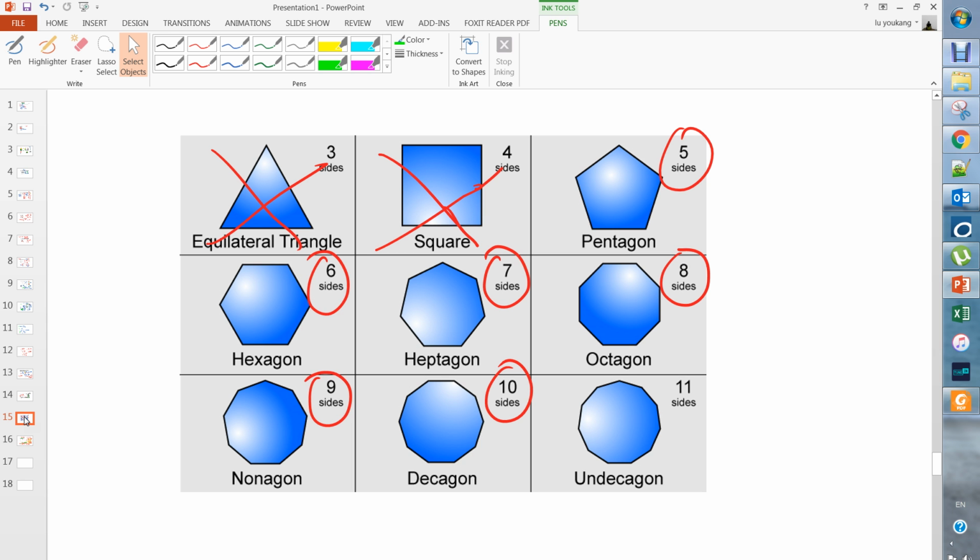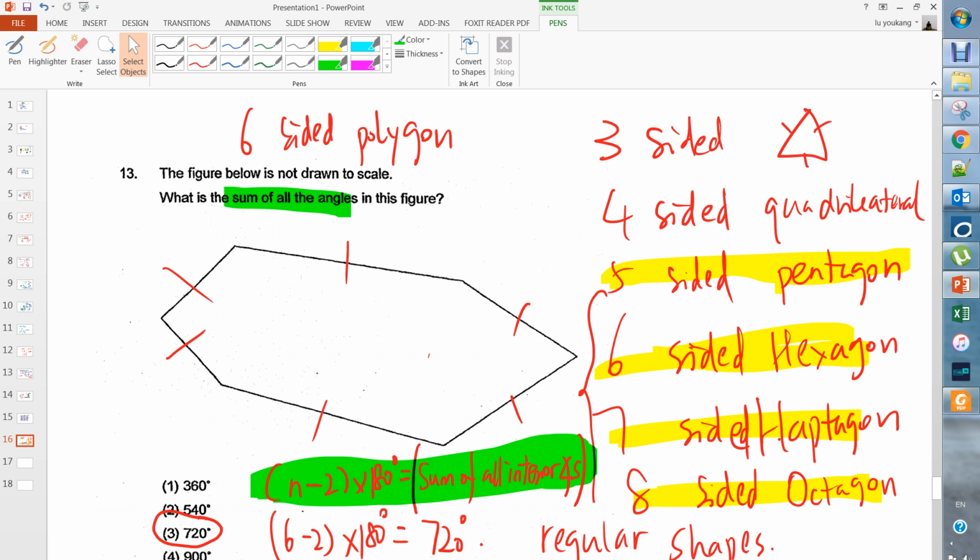Okay, good. Correct this. I already asked you whether you can see or not. Interior angles. This is the interior angles.